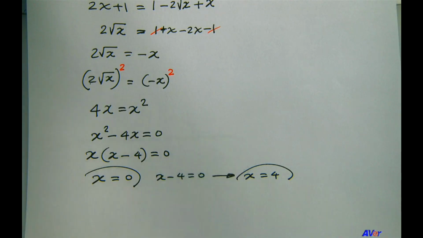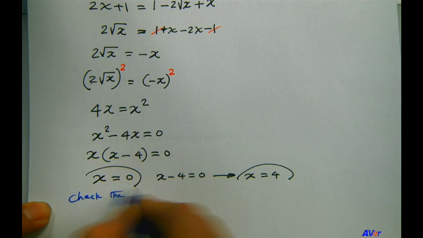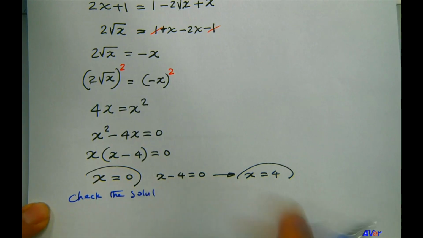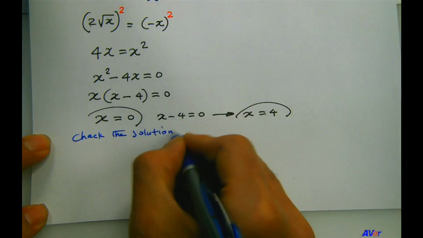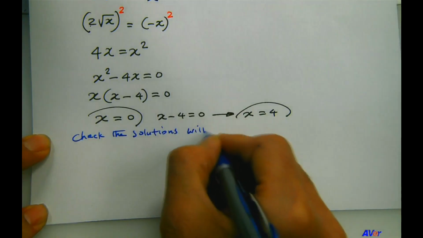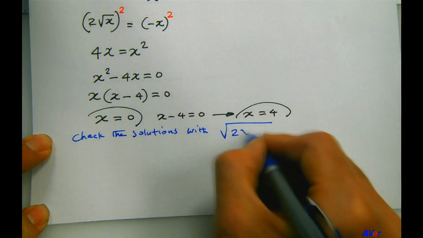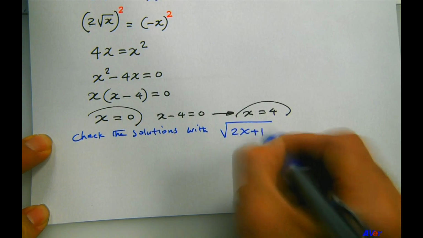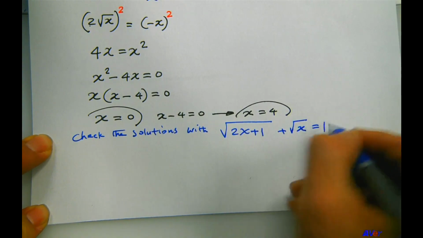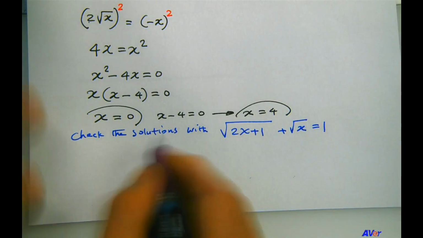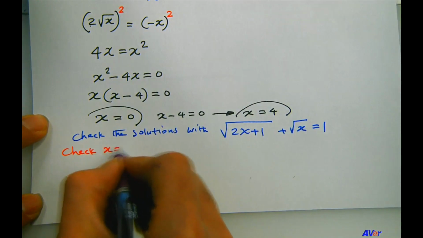So check the solutions with the original equation that we had, which is, I'm going to write it here because it's off the screen, equals 1. Okay, so check x equals 0 to see if it is a valid solution.